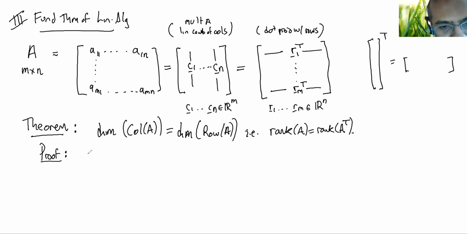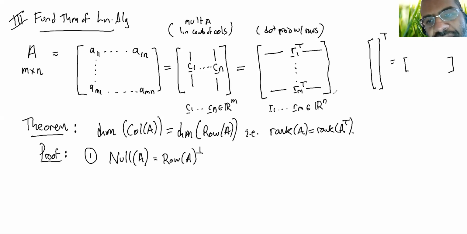Well, on one hand, we proved a couple of lectures ago that the null space of A is the orthogonal complement of the row space of A. And we did that by using this picture here.